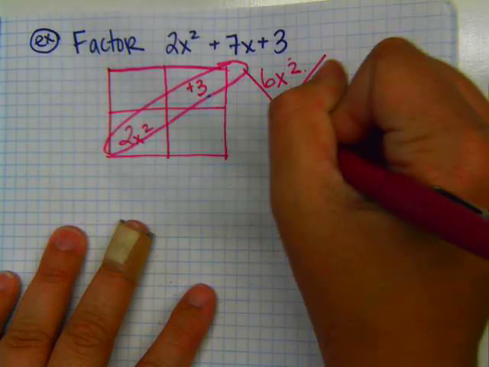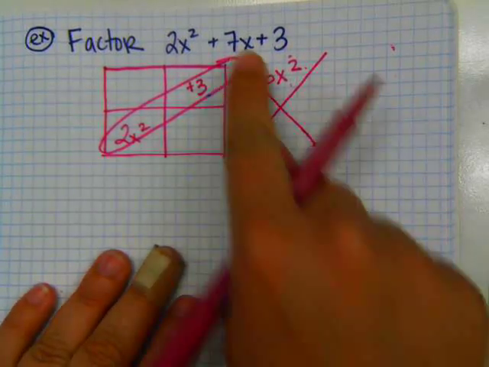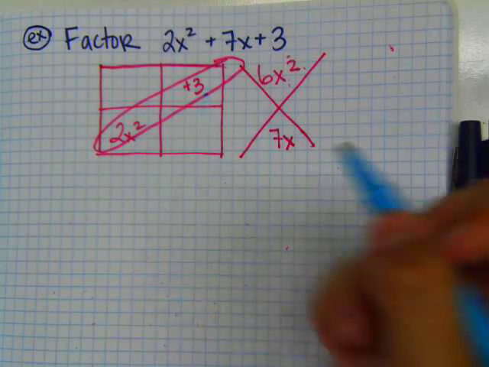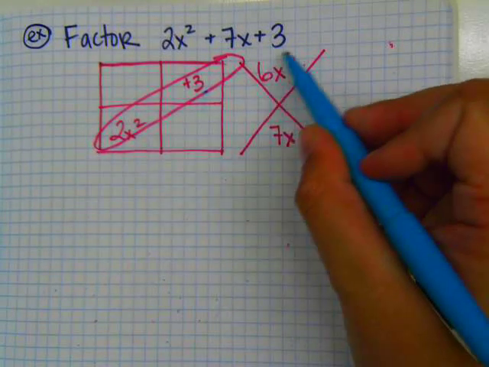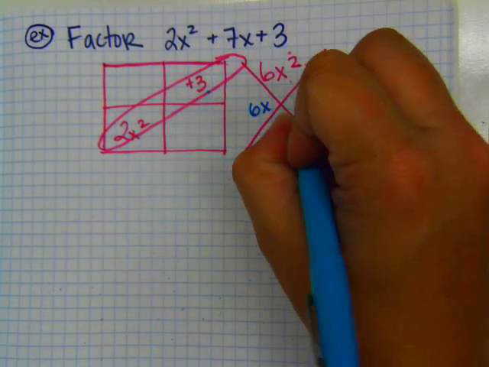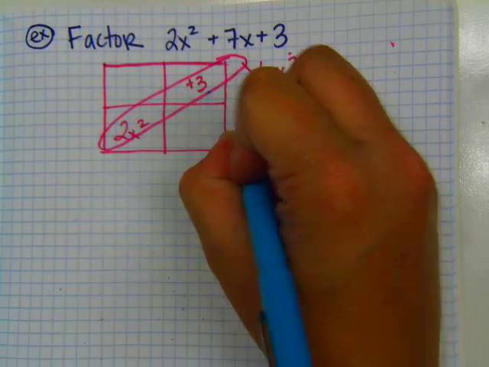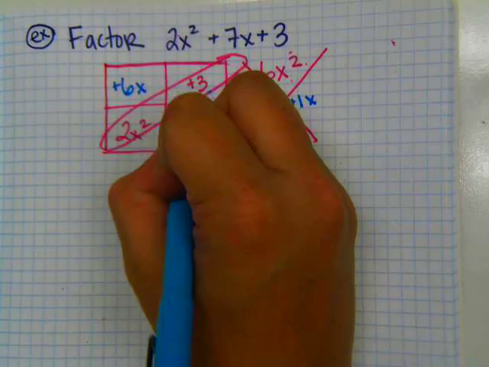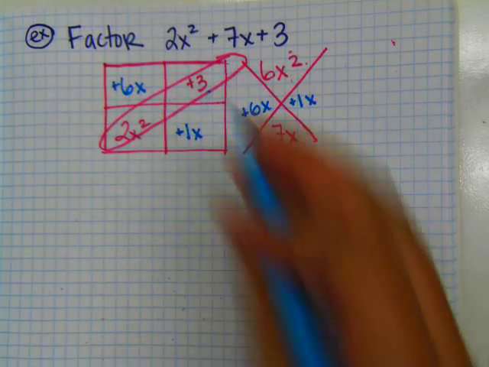Make our diamond, and we put that middle term in the bottom. Okay. Now we need to decide what multiplies to 6x squared, adds to 7x. Hopefully you got 6x and 1x. You can absolutely put plus signs if that helps. So I'm going to put that in here because that goes on the diagonals as well.